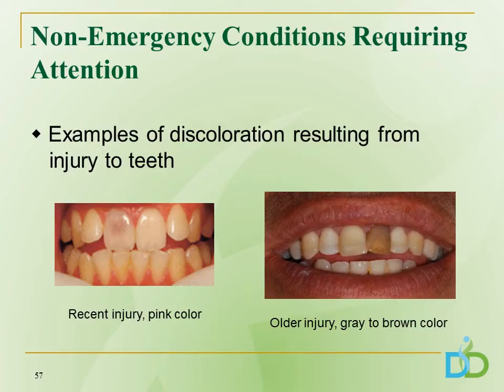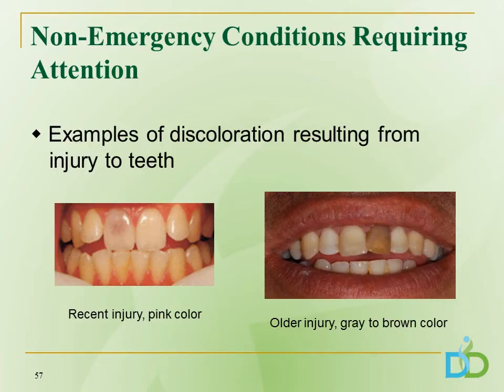When teeth are injured from a fall or a serious hit to the mouth, they may become discolored. This discoloration from a recent injury may appear either pinkish or reddish due to bleeding inside the tooth. But in older injuries, they appear more as a gray or brown color change to the tooth. And this is due to the breakdown of the blood and the pulp tissue, the nerve tissue, the tissue that's inside the tooth that makes it alive.